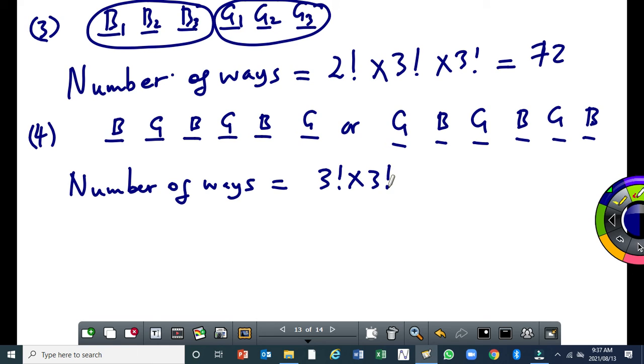Then we can have plus. This is another scenario, where you start with a girl first. So we can have plus, again, 3 girls and then the 3 boys. Are you following that?